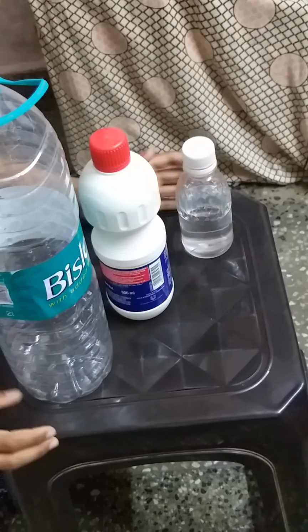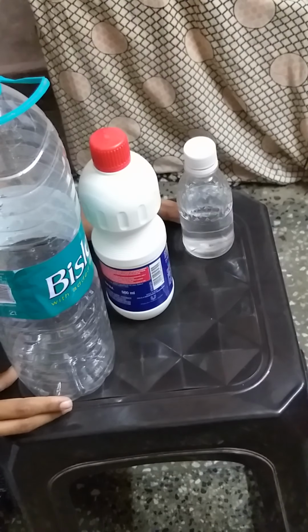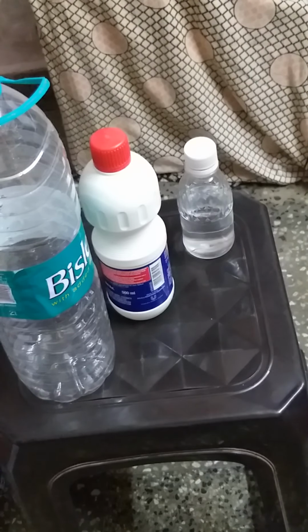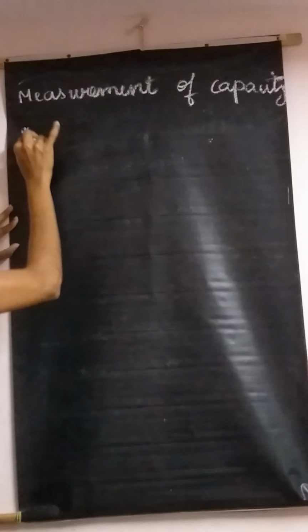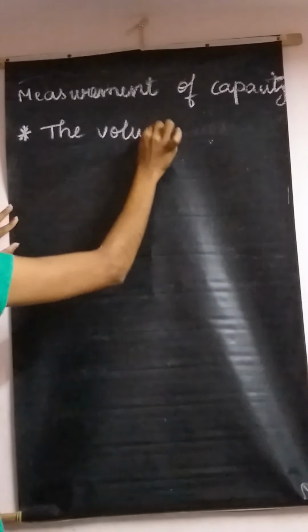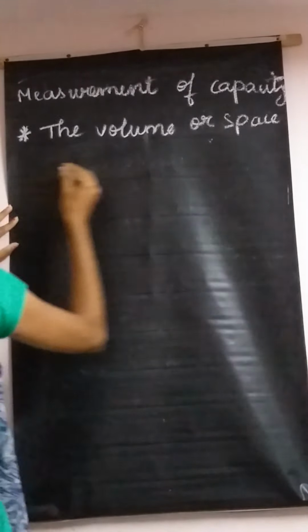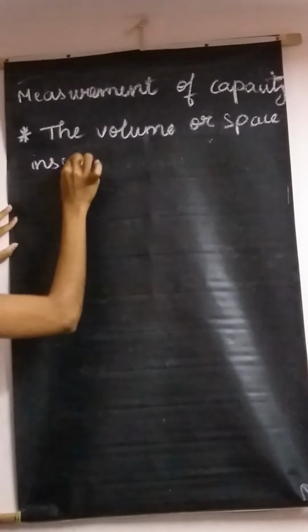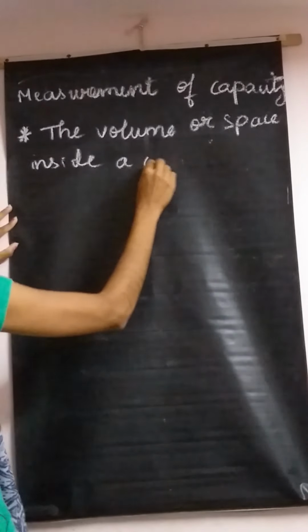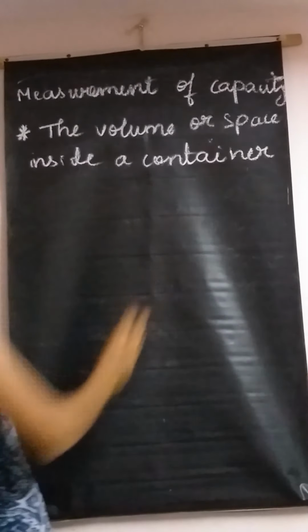Now let us go to the blackboard and write the definition of capacity. The definition of capacity, let us write, children. The volume or space inside a container is called capacity.